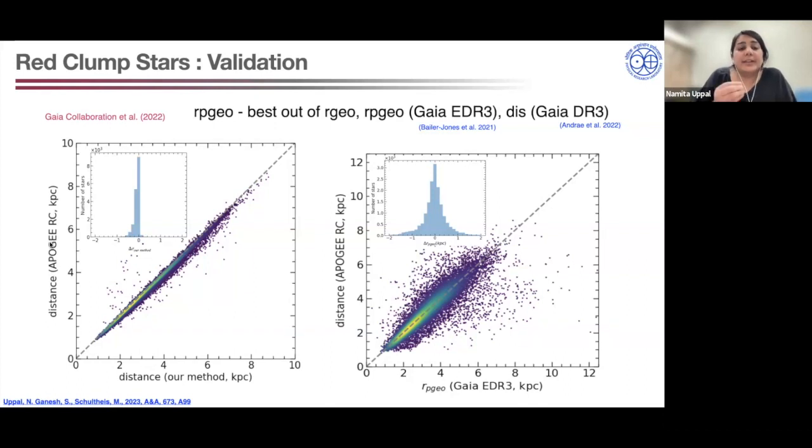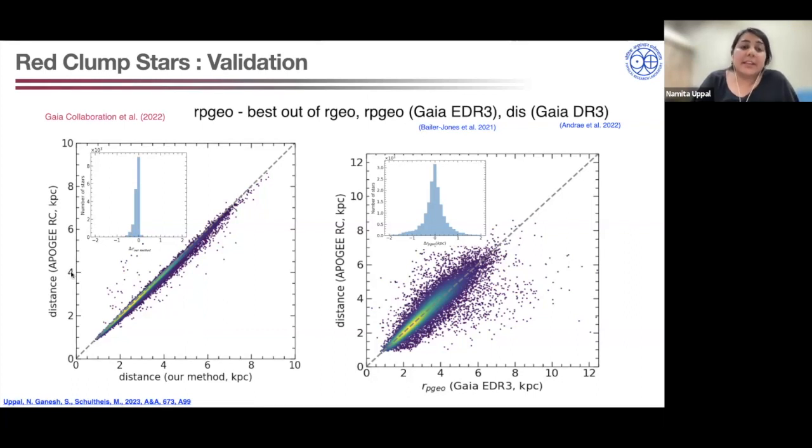So we compared the distance of APOGEE with our catalog, and APOGEE with the Gaia r_pgeo, to see the distance reliability. From comparing these 2 plots, we can easily see that there is a very good one-to-one correlation between all 3. But there is a larger spread in the Gaia distance when compared to APOGEE, as compared to the distance calculated by our method against APOGEE.